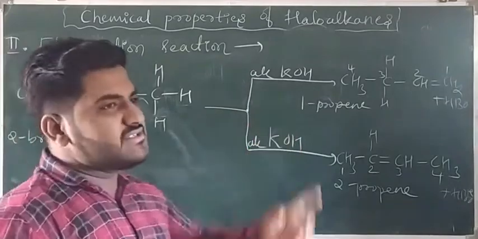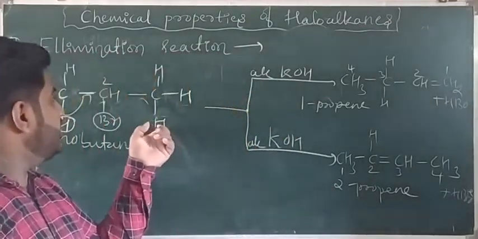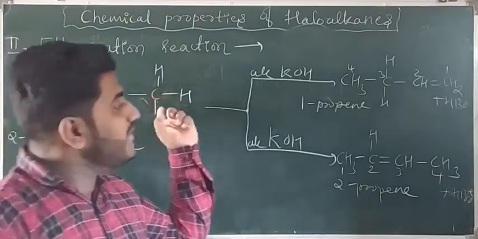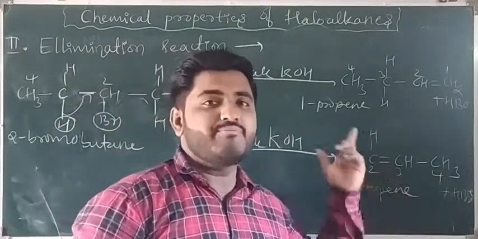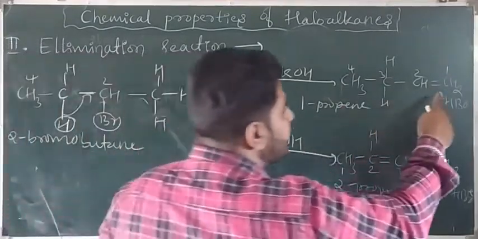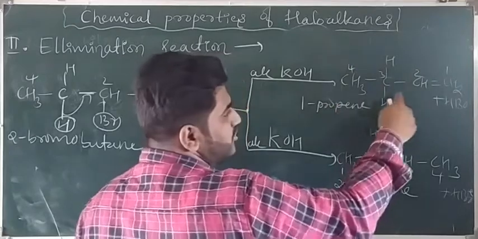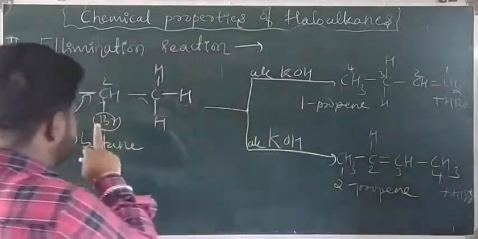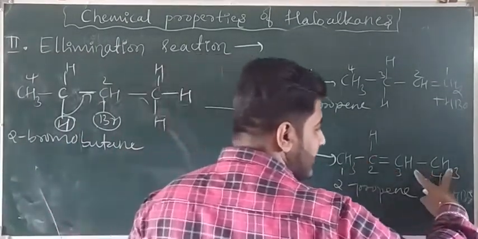So if this is the case, what should we do? We should eliminate the H from the neighboring carbon which will give the more alkylated, more substituted product. Carefully see here, if you eliminate this H, in the product we have the double-bond carbon with this much substitution. Here there is no substitution on this carbon. But if you eliminate Br with this H, we get substitution here also, and here also.